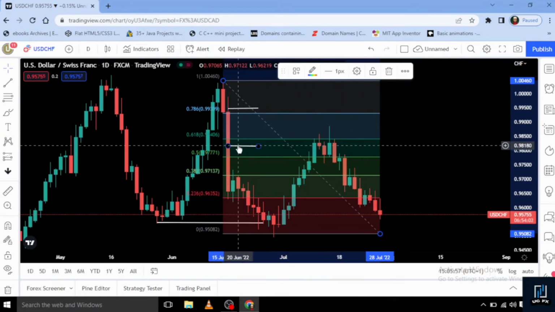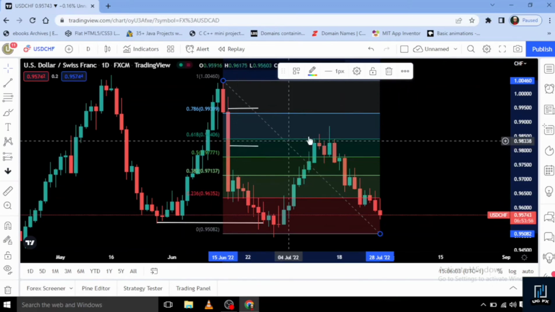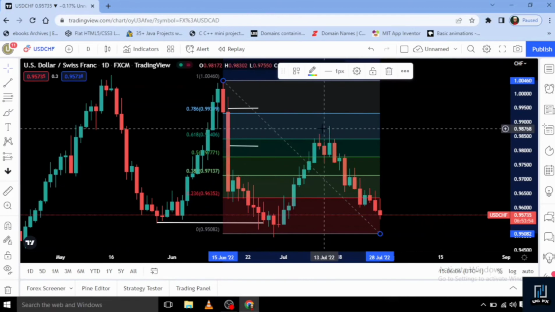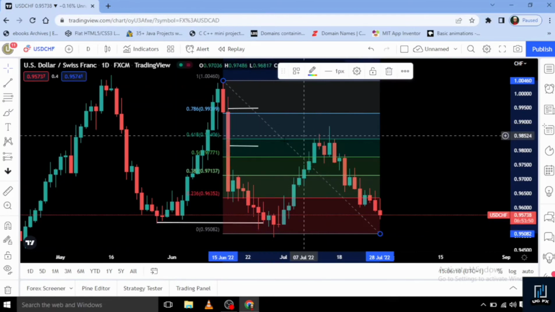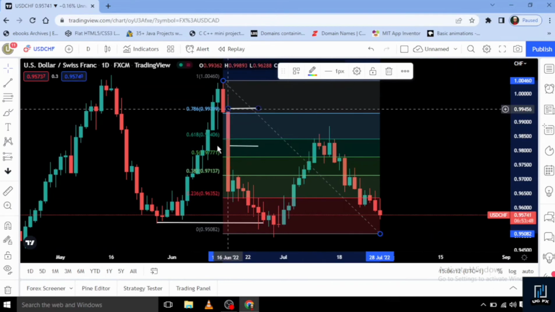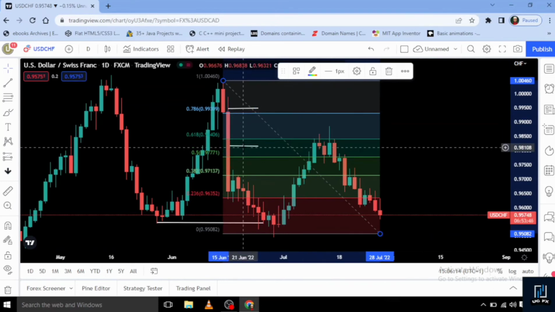So this is the three main keys or confluences that confirmed taking trades from this area. We have our break of structure, discount levels, and our imbalance. So this is how you would confirm your imbalance and trade them.